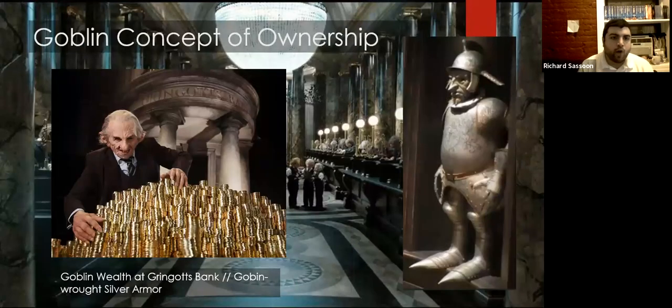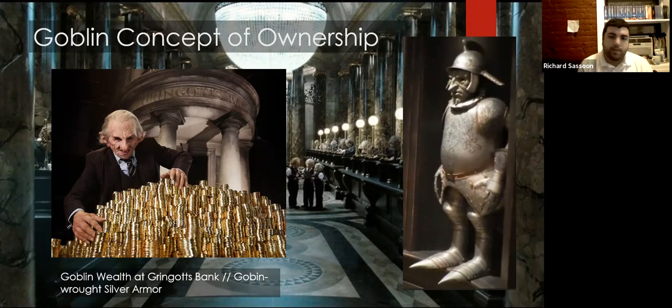One of the things that Rowling really brings home with the goblins is that goblins have a strong concept of ownership. That the goblins believe that they own all things that they make with their own hands. That wizards only own the things for the time that they are alive. It's sort of like a rental of the item, and it should devolve back to the goblins who made it.